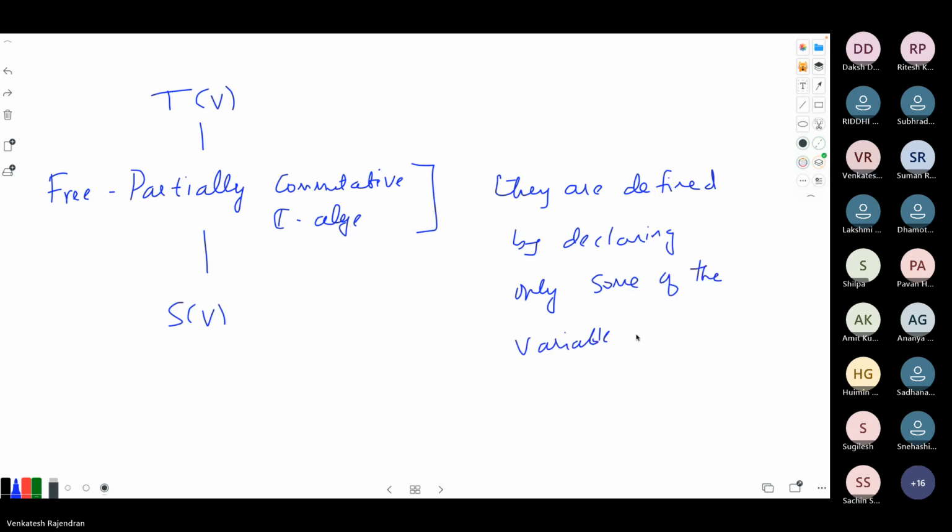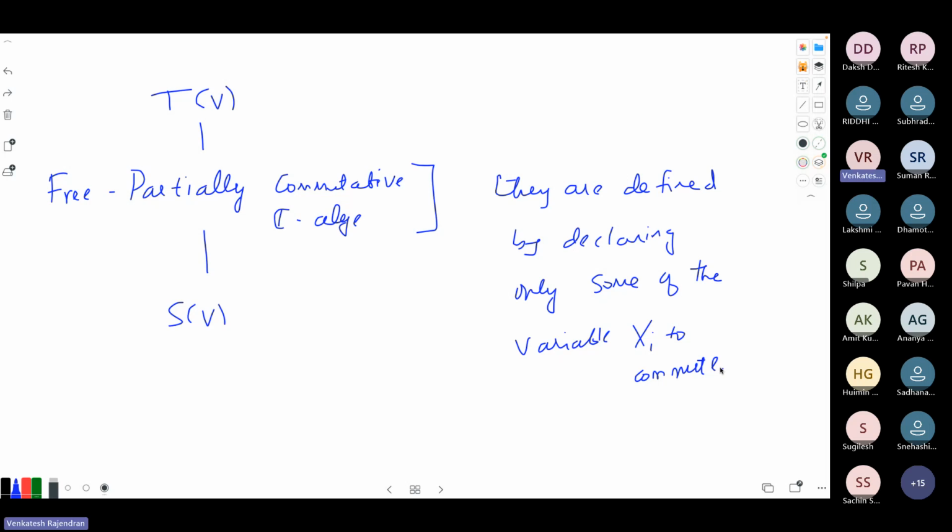One very good way of keeping track of which variables commute is to take an n by n matrix and put entry 0 or 1, depending upon whether the two variables x_i, x_j commute.